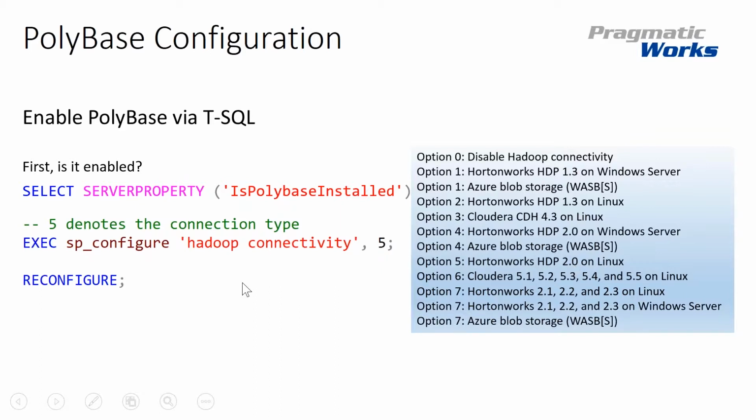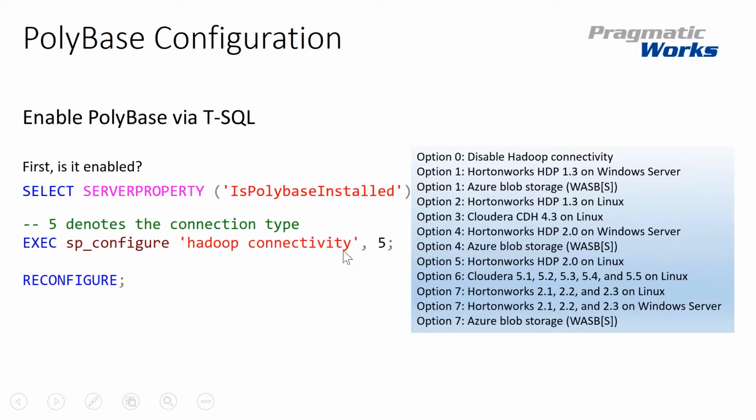Now, the thing here is you can have multiple Polybase setups, meaning you could point to different tables in different clusters. So if you had 4 instances of Cloudera, you could actually have a different kind of linked server, if you will, for each of those instances.